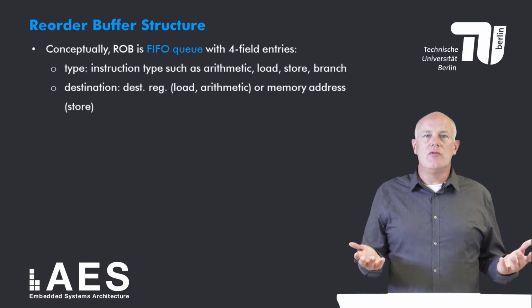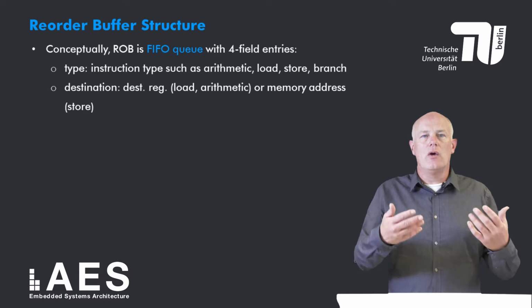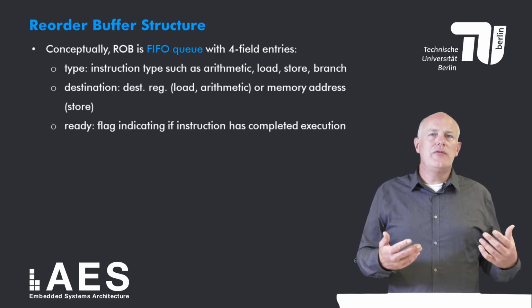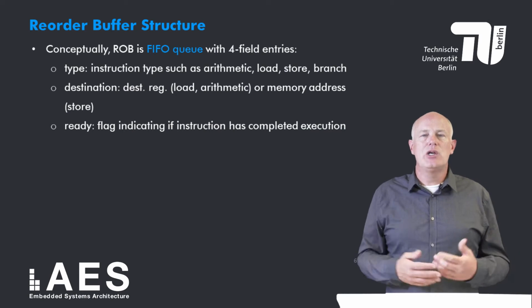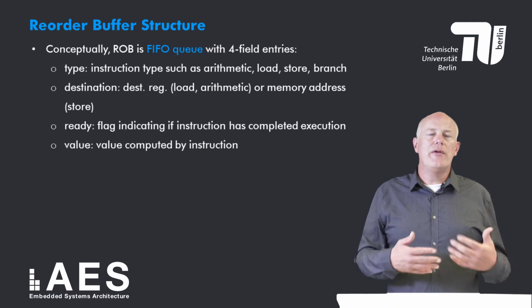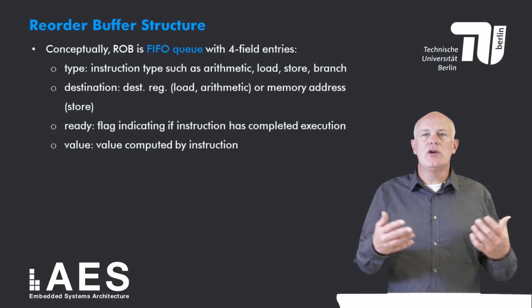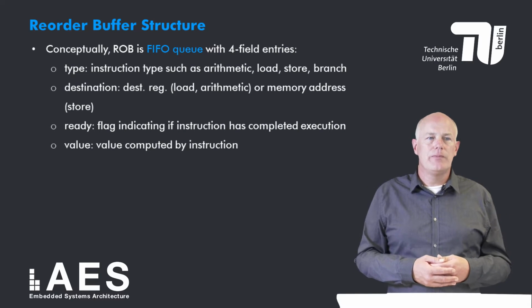For a load and an arithmetic instruction, it indicates the destination register, and for a store, it denotes the memory address where the data should be stored. The third field is a ready flag that indicates if the instruction has completed execution or not. The fourth and final field of each entry is the value field. It contains the result of the instruction, in other words, the value computed by the instruction.